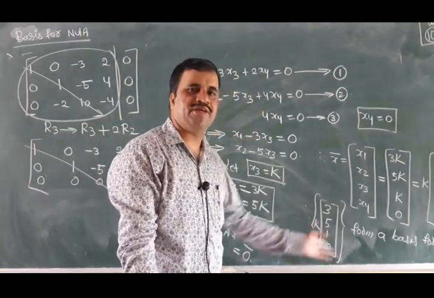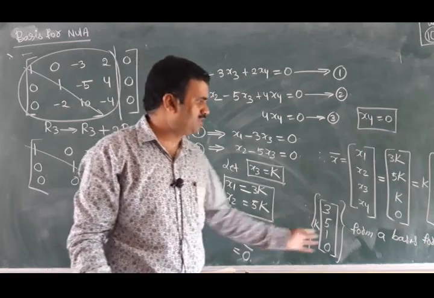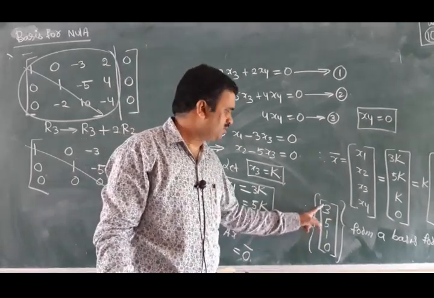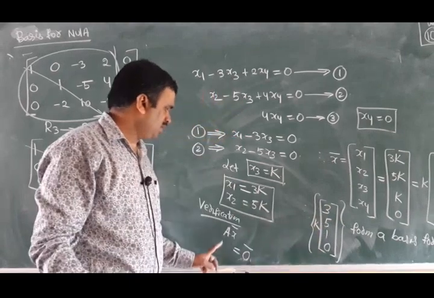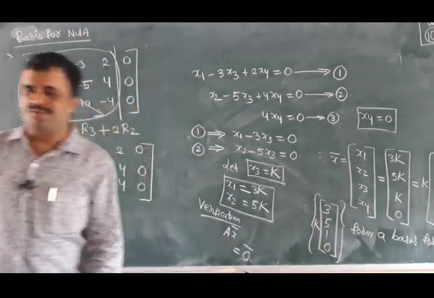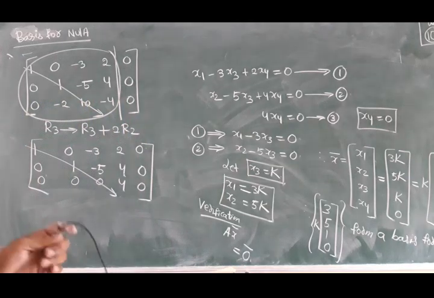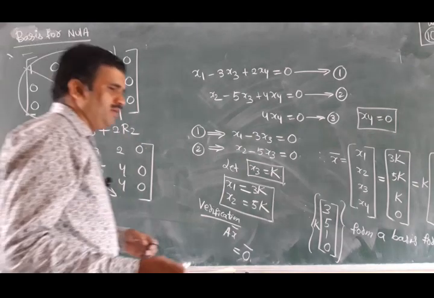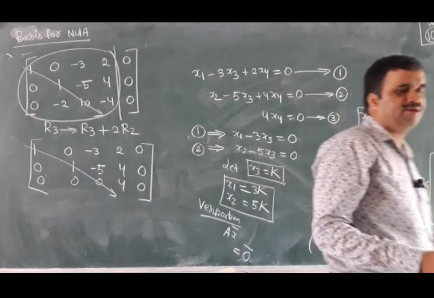Scalar multiples give infinite solutions, and all these vectors form a basis. Simply take k equal to 1, consider 3 5 1 0 and find A x bar. You get the null vector. Then I can say x bar is the basis for null A.